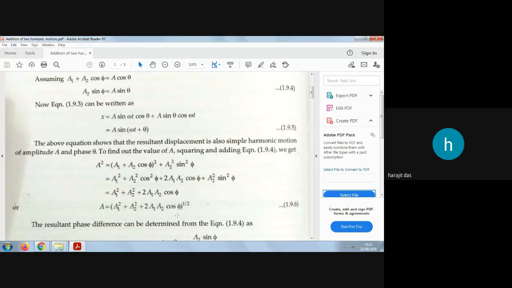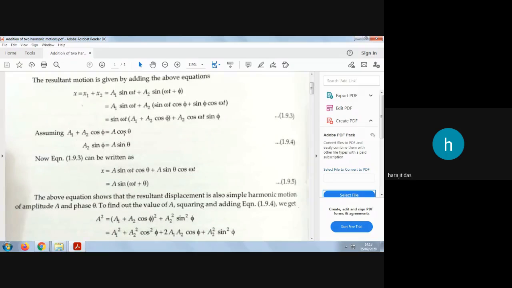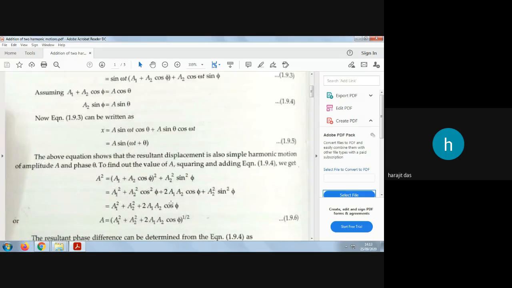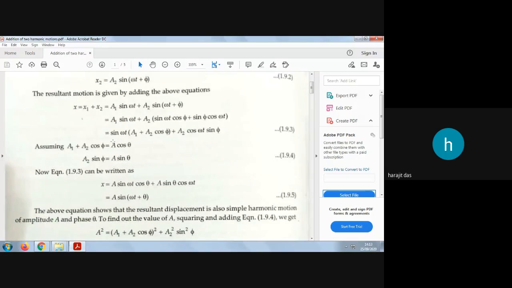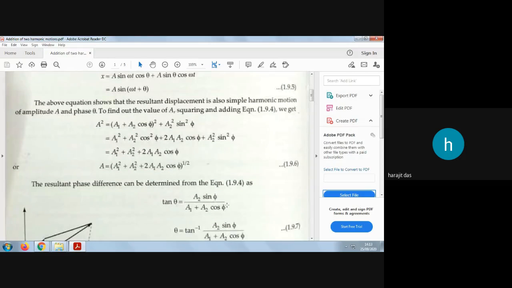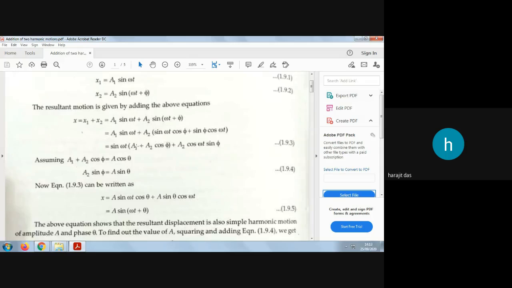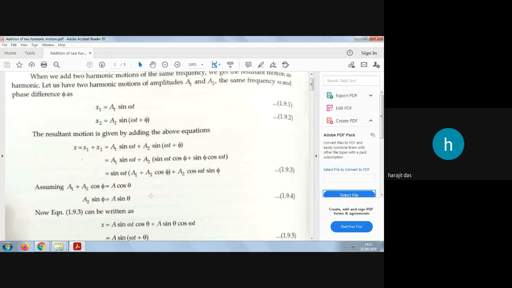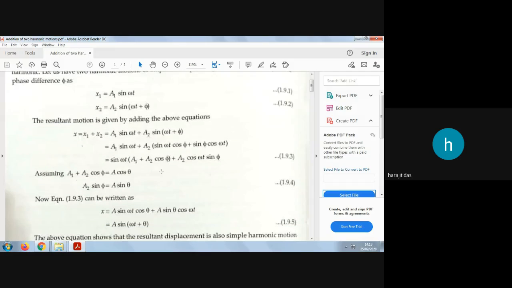Now you need to find out the angle. So how will you find out the angle? Sine theta by cos theta is what? Tan theta. So A sine theta by A cos theta: if you divide, A will be cancelled out, so sine theta by cos theta is tan theta. So tan theta equals a2 sine phi divided by a1 plus a2 cos phi. It is like dividing 4 by 3 when the numbers are 3 and 4.